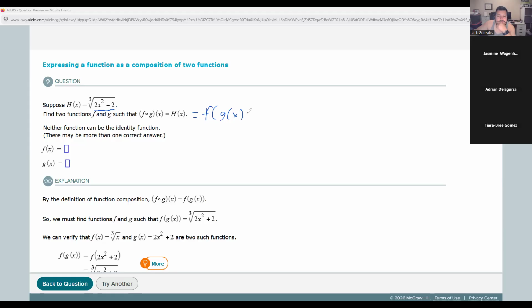So basically, this is what's inside the g. So what is g? Can you tell by looking at this? And what is the outer function?